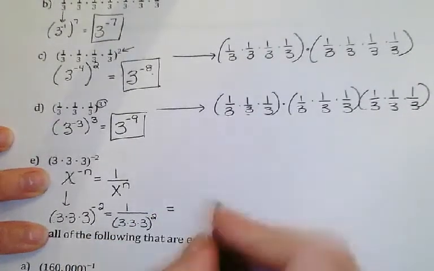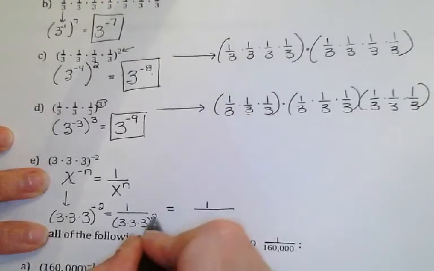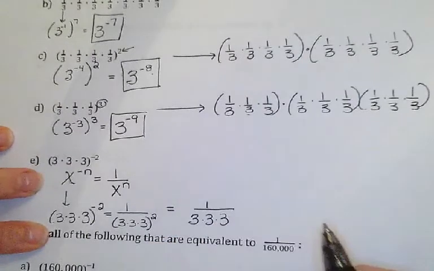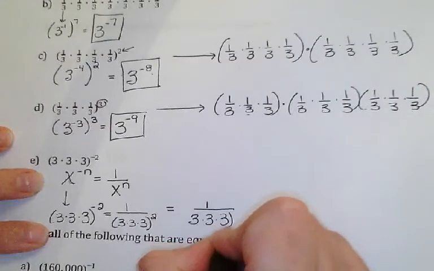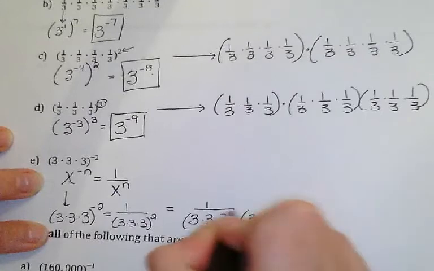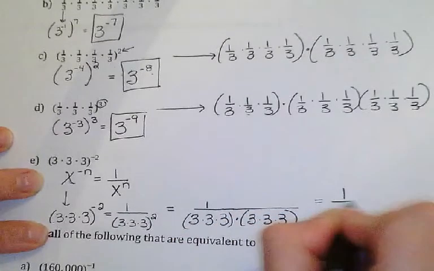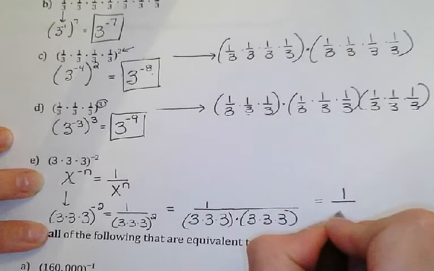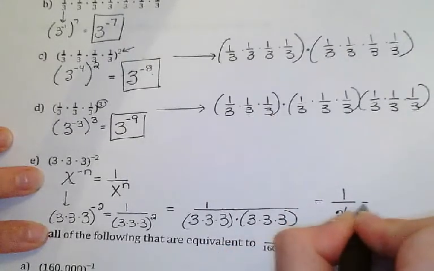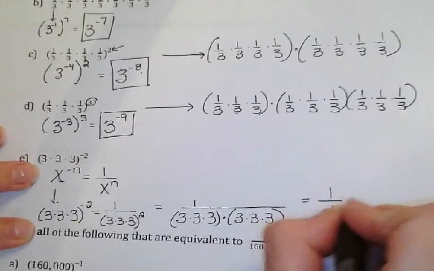Okay, so this is the same thing as 1 over 2 groups of this, and that's the same thing as 3 to the negative 6.